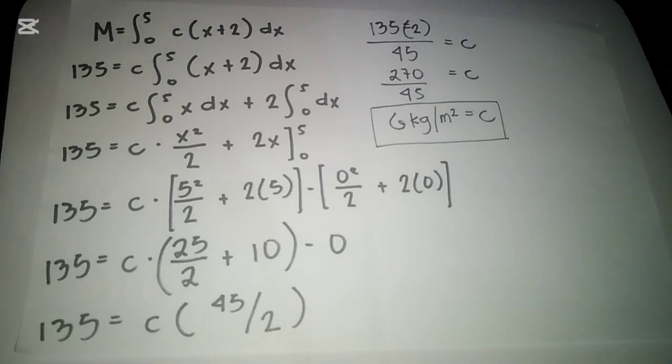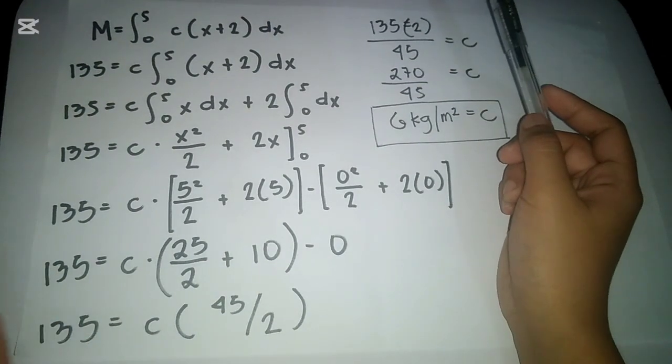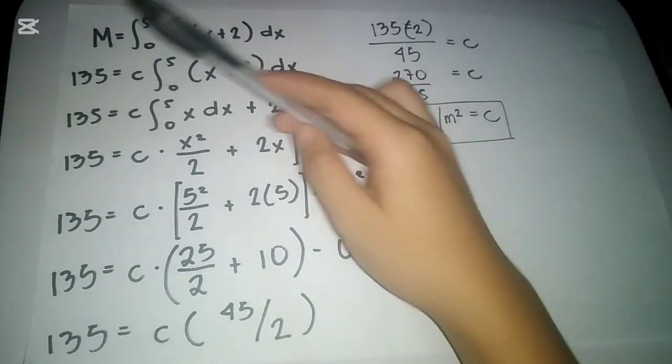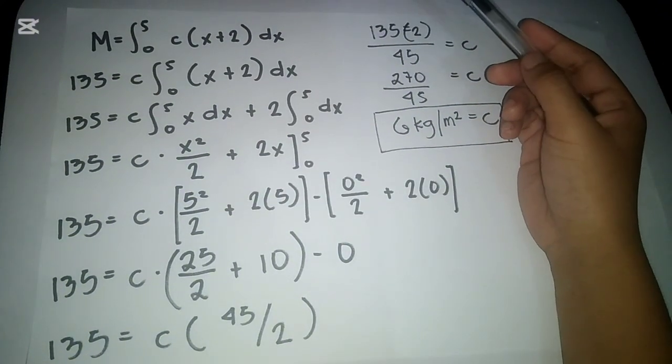Now, m is equal to the integral from 0 to 5. This is the measurement, again, of the rod based on the problem. And then multiplied by c multiplied by x plus 2 dx. And we already have the value of m, which is 135 kilograms.